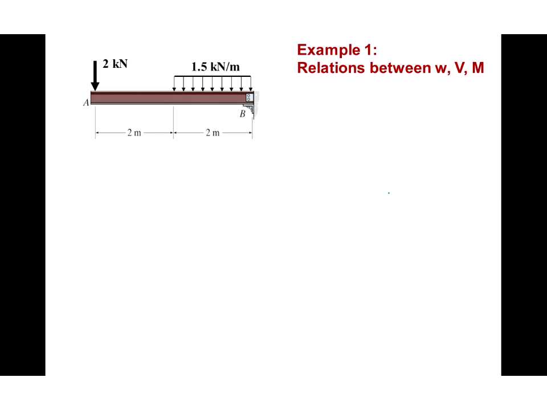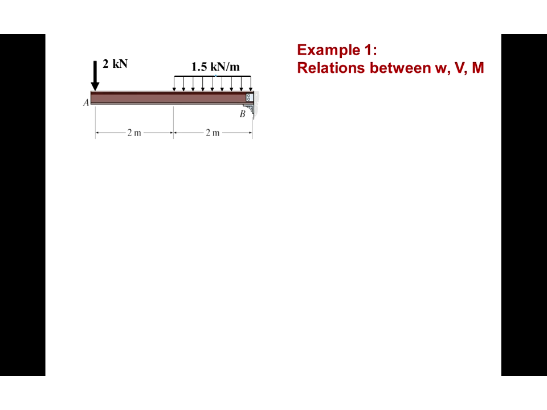So for example here, imagine that we have this cantilever beam. It's attached at point B, and we have a point loading of 2 kilonewtons at A, and we have a distributed load that's distributed over a distance of 2 meters and has a constant downward force of 1.5 kilonewtons per meter.